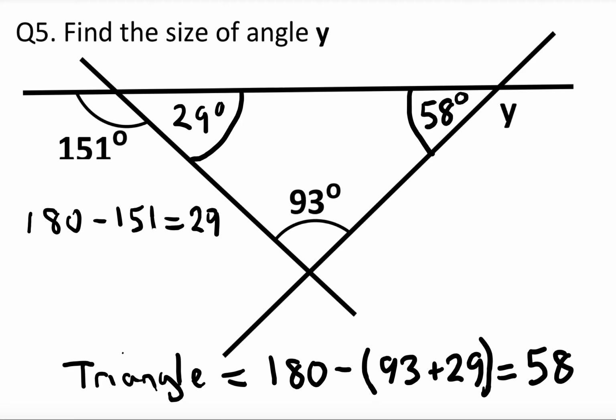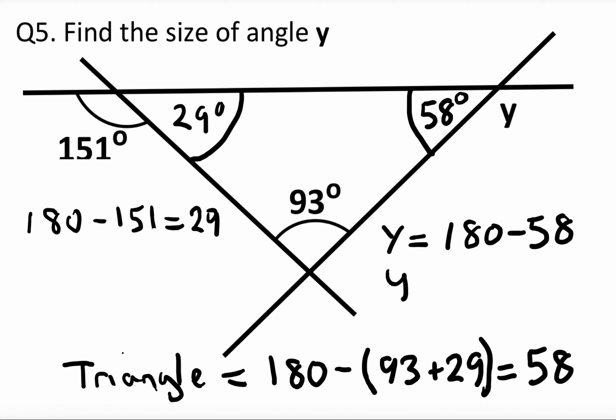Now we've got 58 plus y is going to equal 180. So we know how to get y now, don't we? Because that's a straight line across the top here. So y equals 180 minus 58.